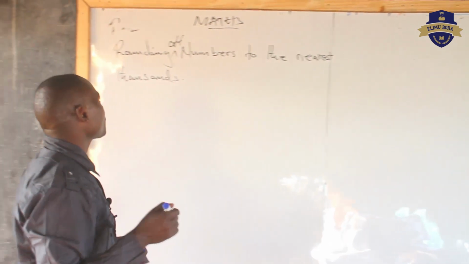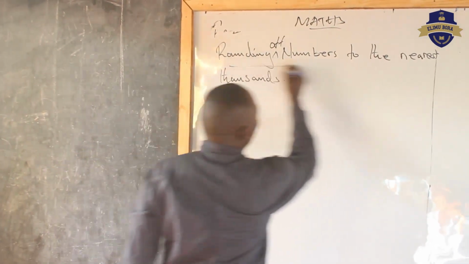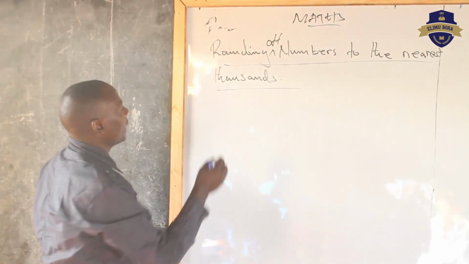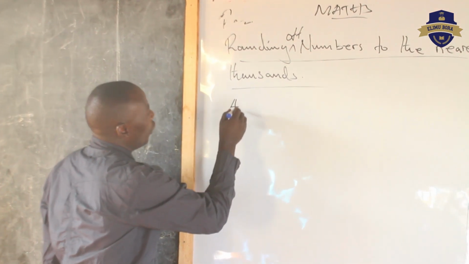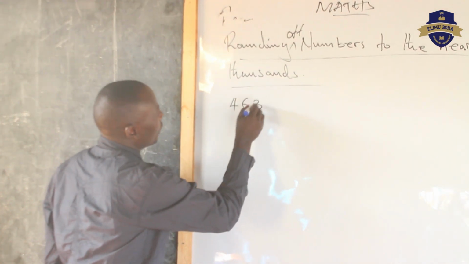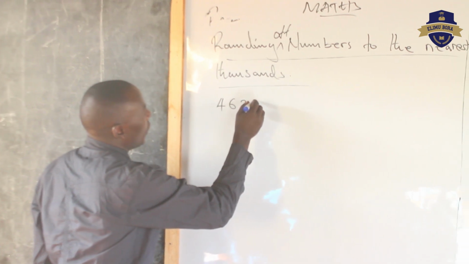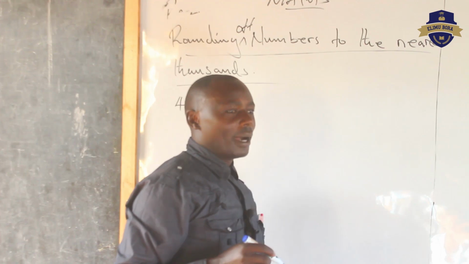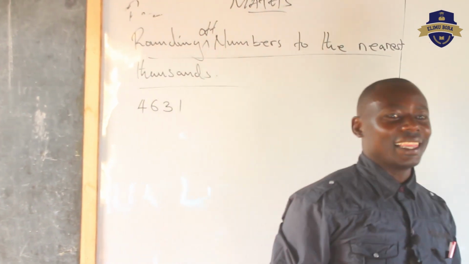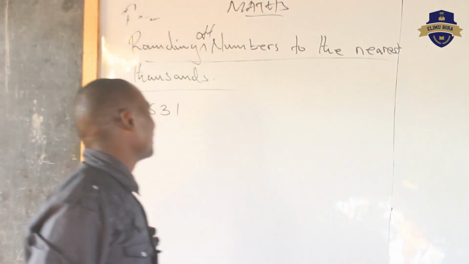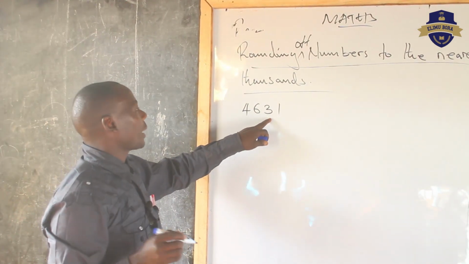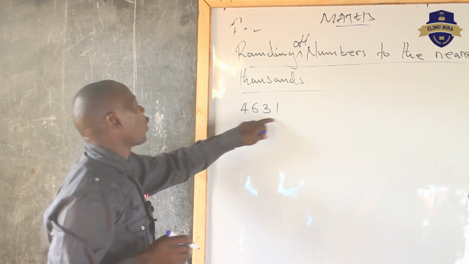For example, we can round off this number to the nearest 1,000. You can be given 4,631. Round off that number to the nearest 1,000. I want us now to recognize the place value of all those digits.